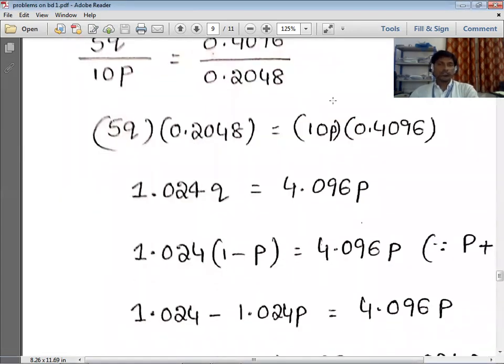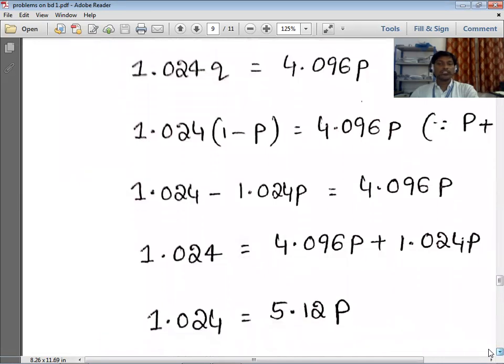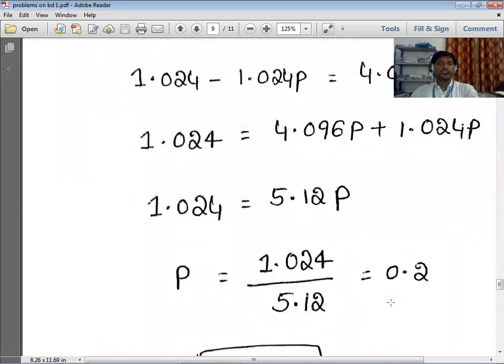And we don't know the q value. For that, we use the relation p plus q is equal to 1, so q is equal to 1 minus p. By substituting this, we simplify the p value. Take all the p terms to one side: 4.096p plus 1.024p, so 1.024 is equal to 5.12p.